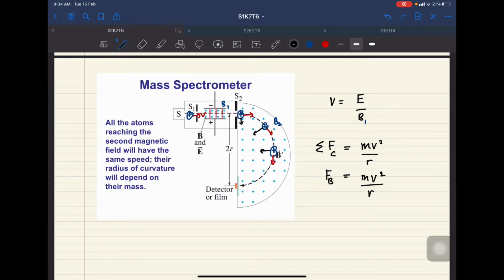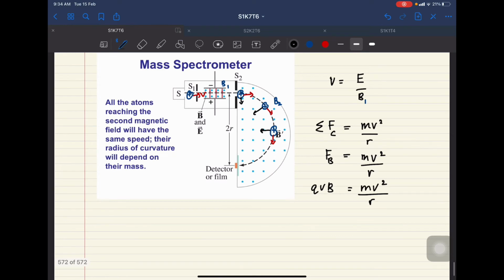FB is equal to QVB sine theta, where sine theta equals 1. I can cancel out one of the V, and then if I want to write in terms of Q over M, this will be equal to V over RB.